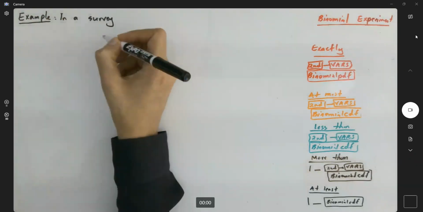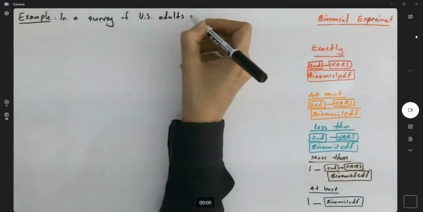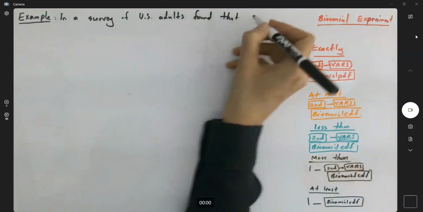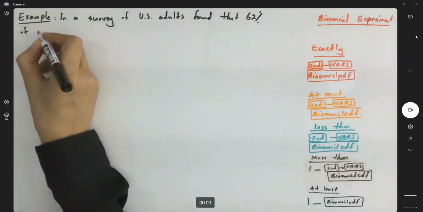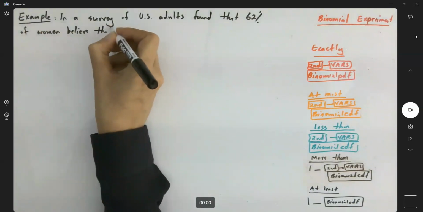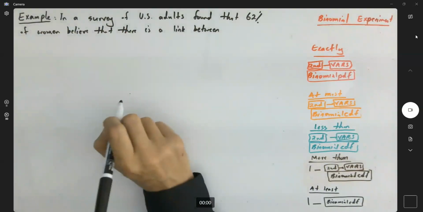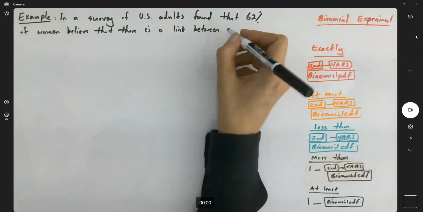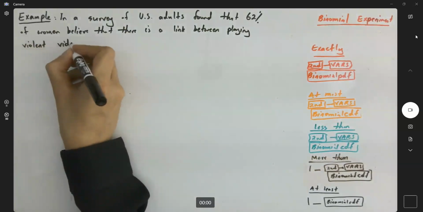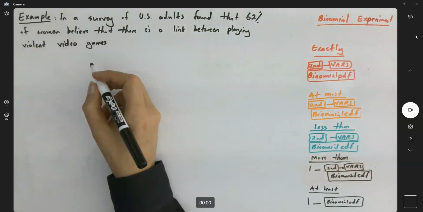In a survey of US adults, found that 62% of women believe that there is a link between playing violent video games and teens exhibiting violent behavior.